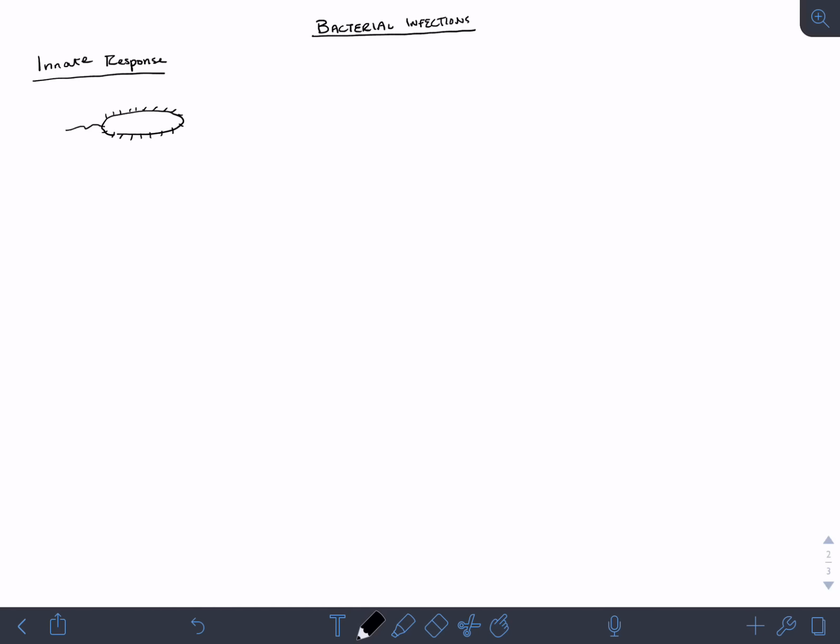The two things that happen simultaneously are resident macrophage activity, and then the second thing that's also going to happen at the same time is your alternate complement pathway.